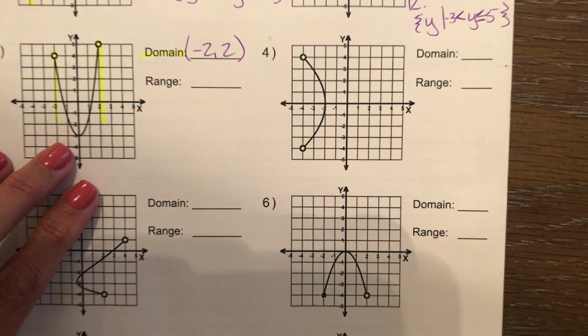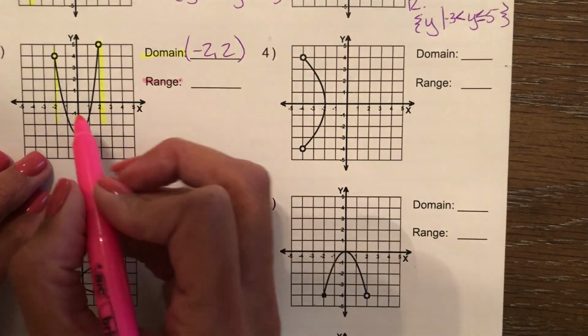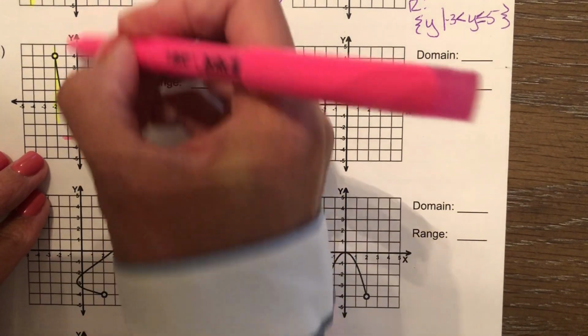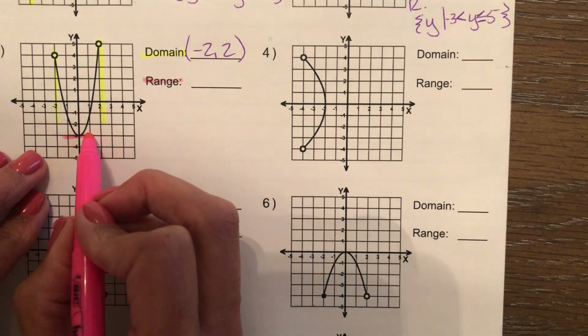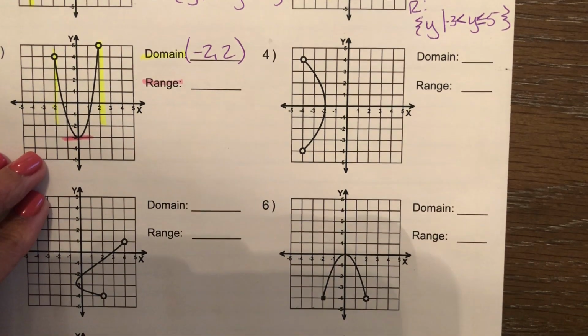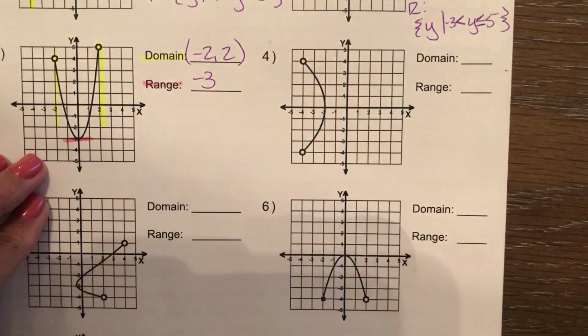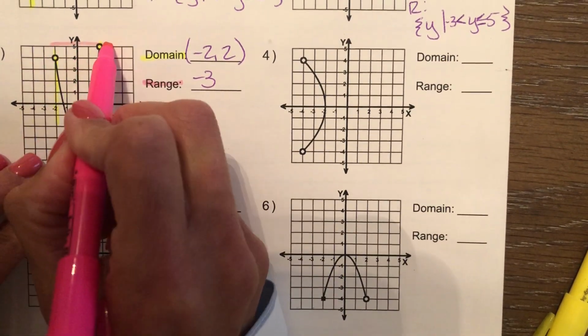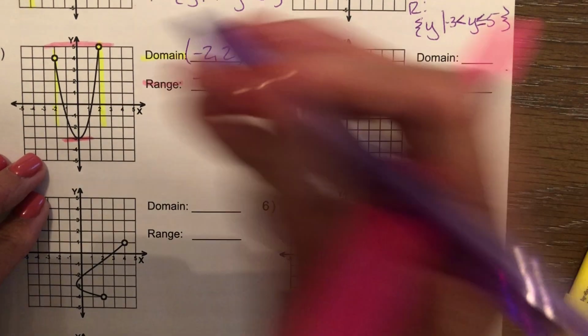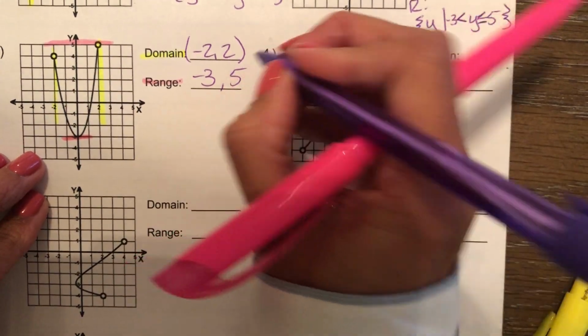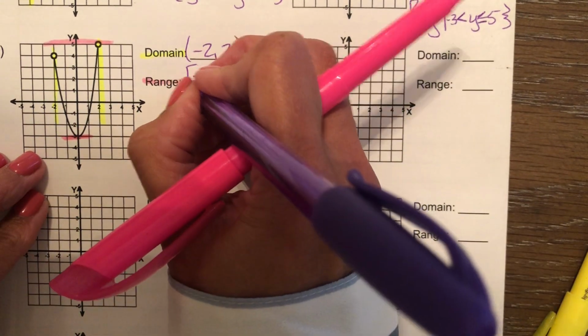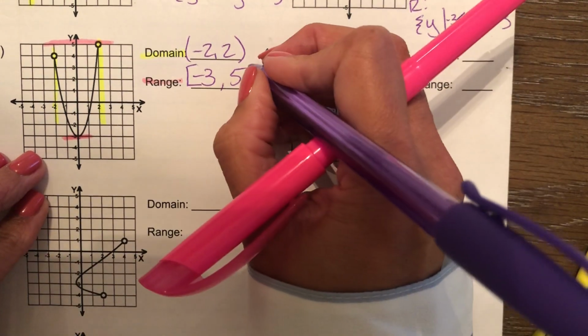Now let's look at the range. Bottom of the graph is right here. I'm looking at the y-axis, so the value of y is -3 right there. Top, 5. Closed, open.